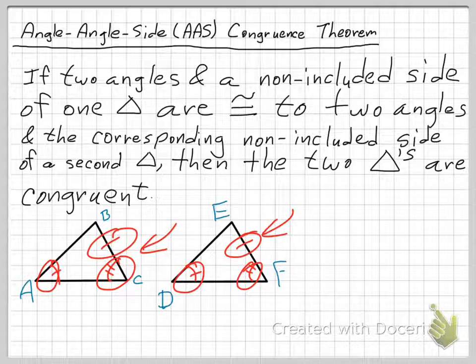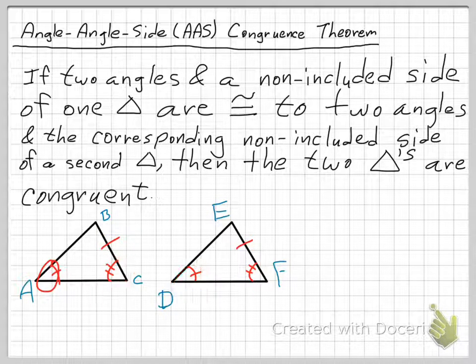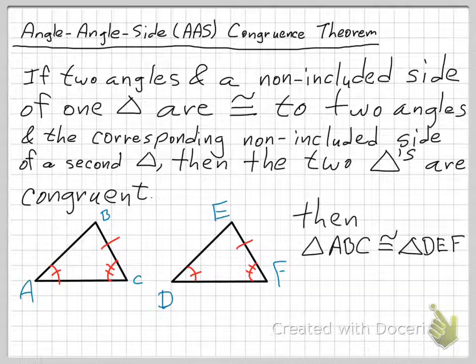And they're non-included. That means they're not in between the two angles. Then you have a case of angle-angle-side, or AAS, and you've proven the two triangles congruent. And in this case, that means triangle ABC is congruent to triangle DEF.